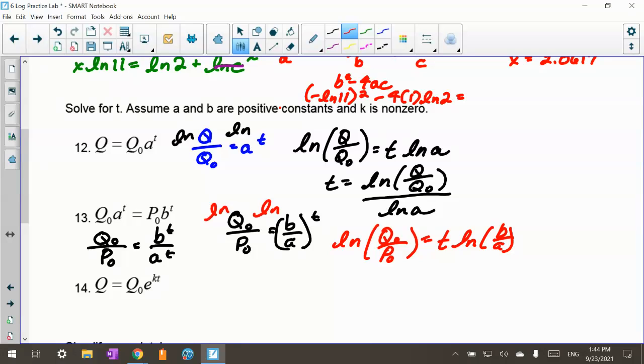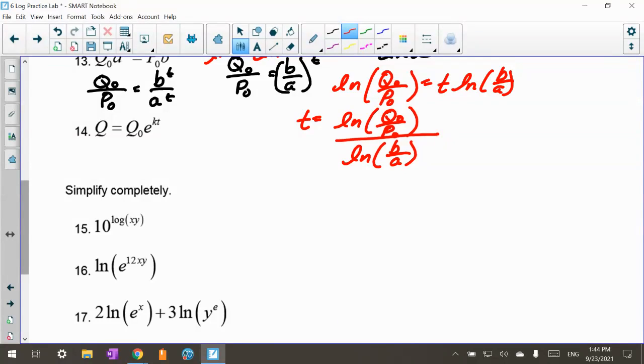Okay, and then what I'm going to do is divide by the natural log of b over a. So I have t equals the natural log of q sub 0 over p sub 0, all divided by the natural log of b over a. Now you could have gone to the other side, and if you did, this would be flipped and this would be flipped, but it'd still be okay.